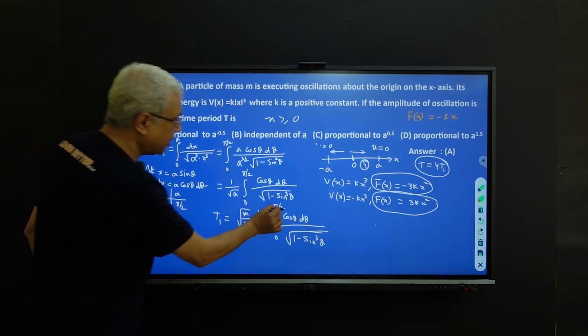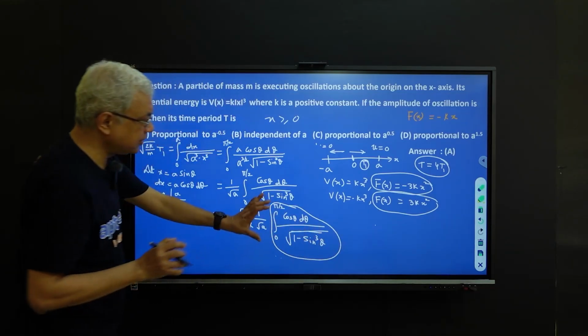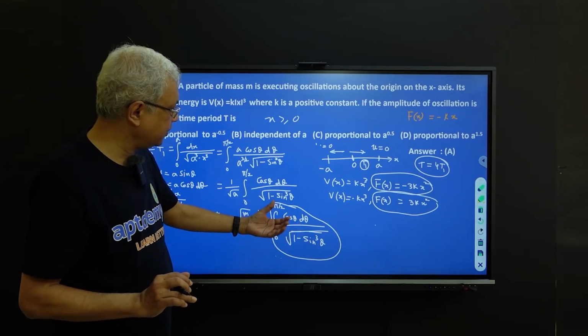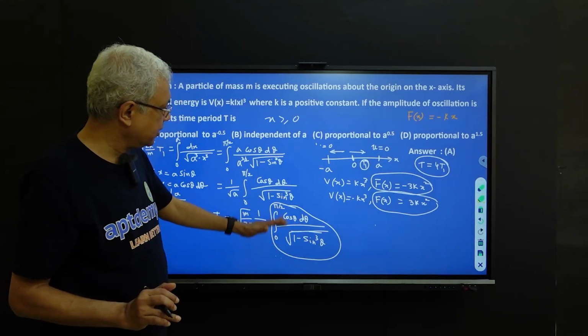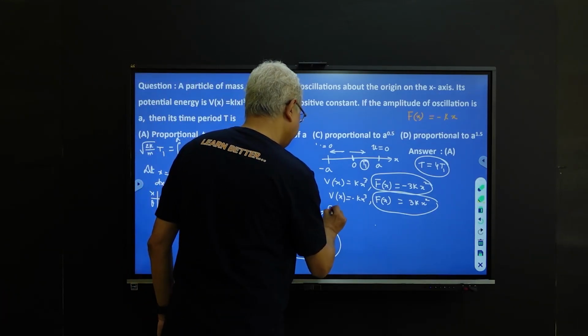Now this integral, I am not evaluating. This integral is a pure number because this is a function of theta only, and if you integrate, it will be another function of theta. And when evaluated in the interval 0 to pi by 2, this gives a pure number.